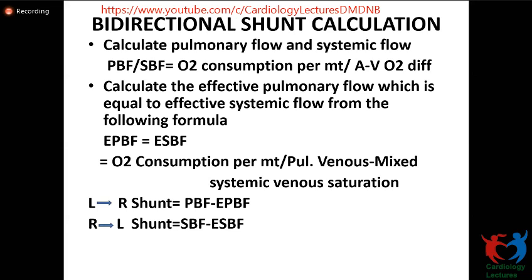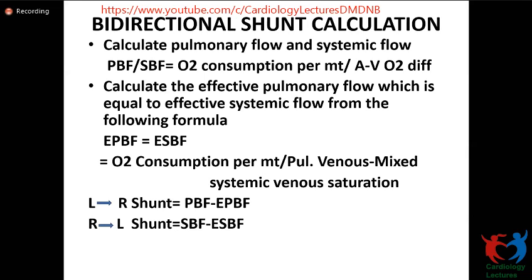Left to right shunt is pulmonary blood flow minus effective pulmonary blood flow, and right to left shunt is systemic blood flow minus effective systemic blood flow. So by applying this formula, we should be able to calculate the bidirectional shunt also.